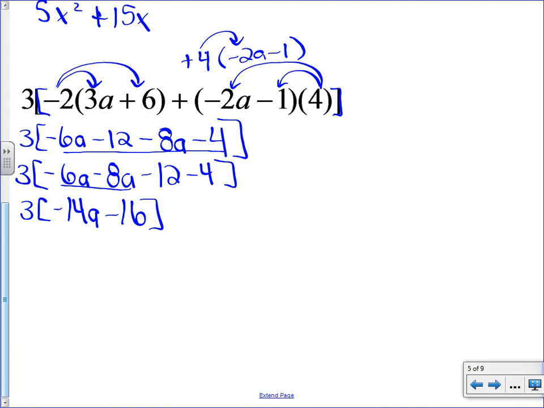Jenny, what would I get for this? Okay, so that's the final one. So again, when you have square brackets, you have to take care of what's on the inside, simplify that all the way down, then expand in.